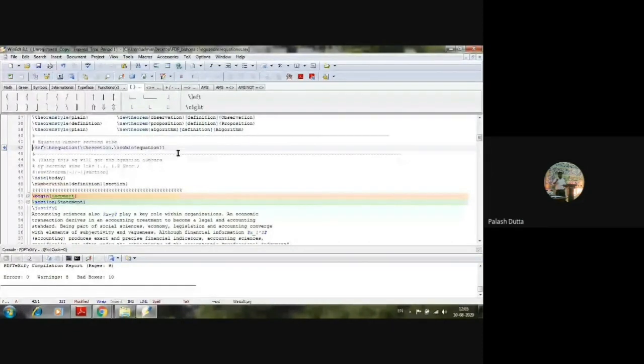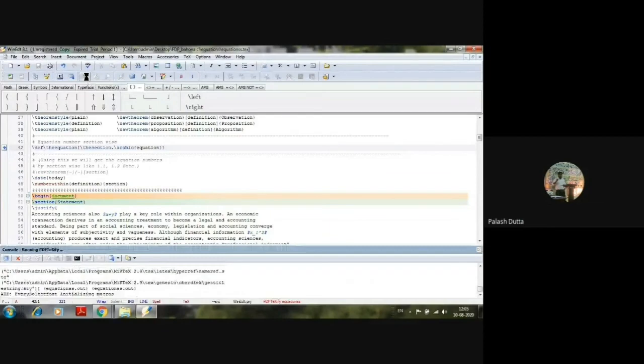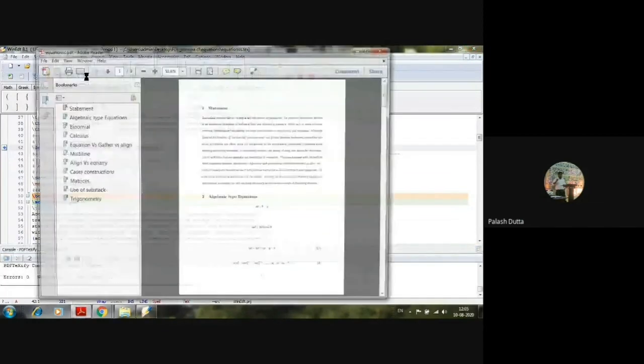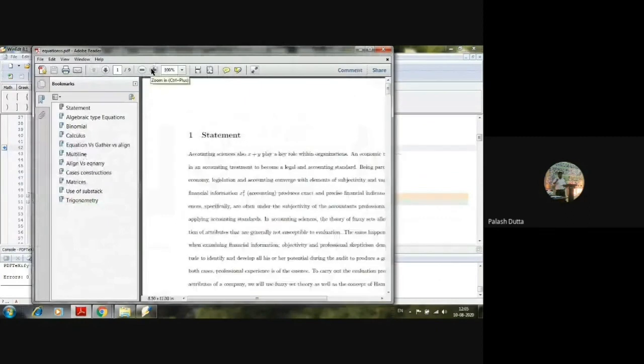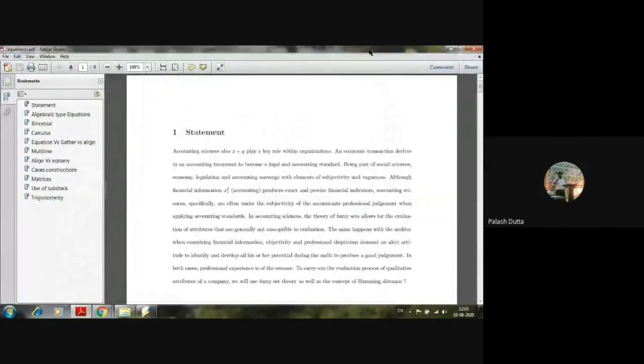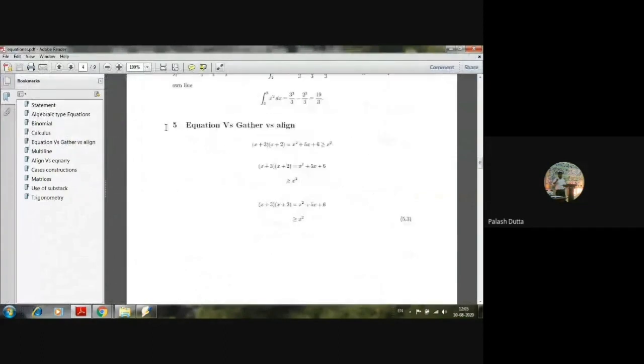Now we can check. Coming or not? Yes, you see under section 5 the number is 5.2.